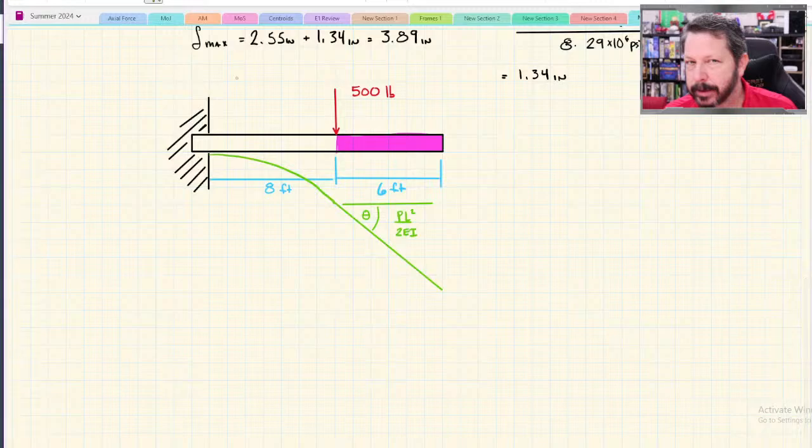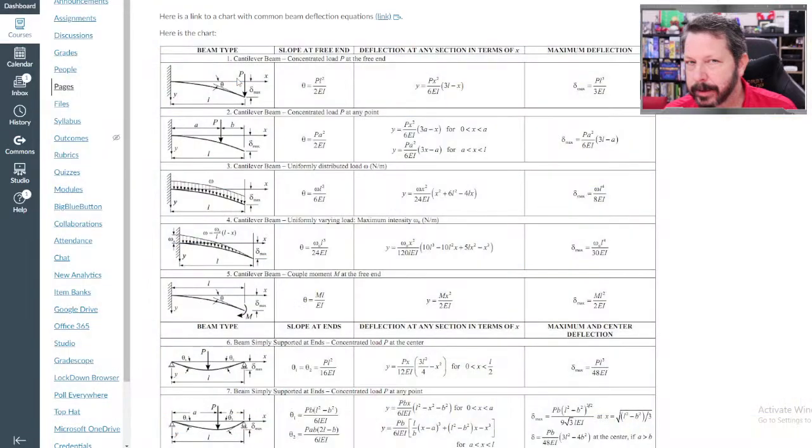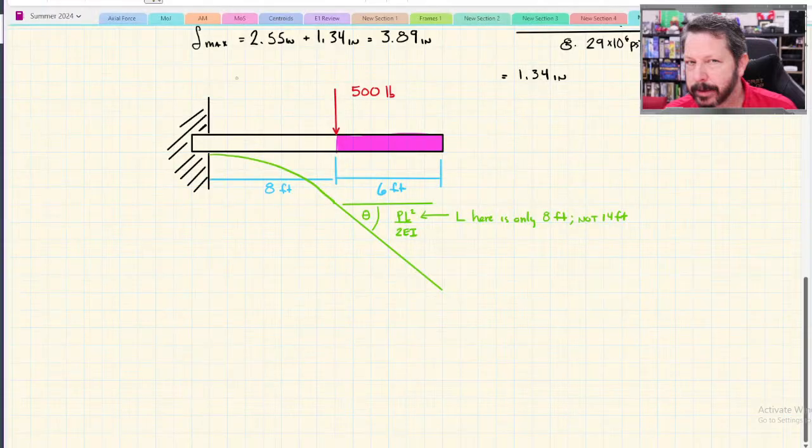So that is a thing to be aware of. L in this equation is only 8 feet, not 14. You do have to match up the diagram that comes with your equation to your scenario. So don't think of L as the length of the beam. Look at L in relation to where the loads are.